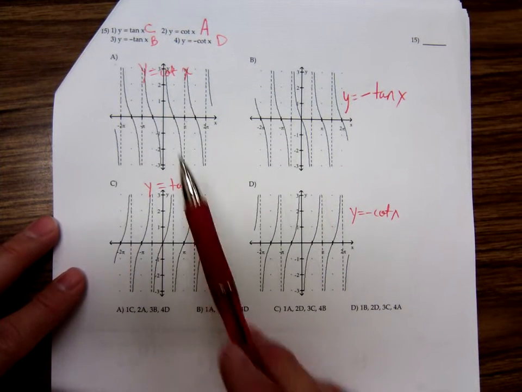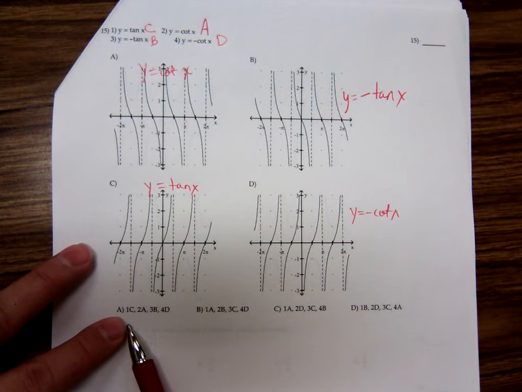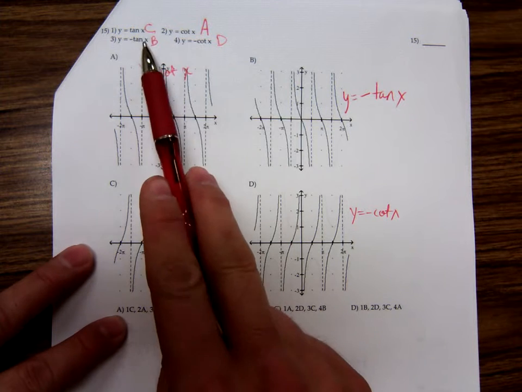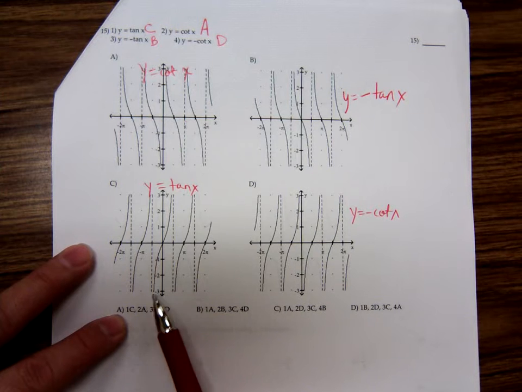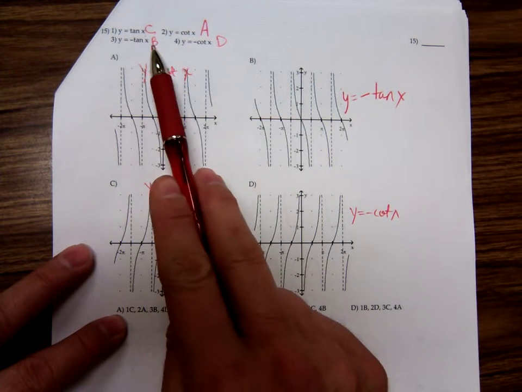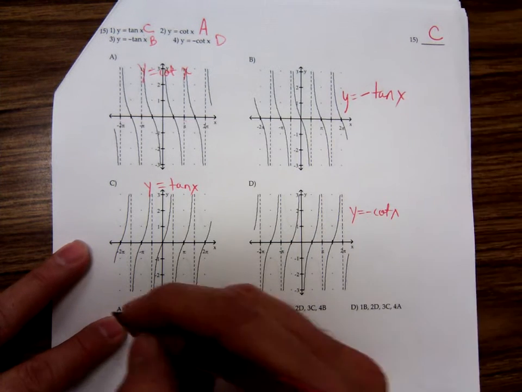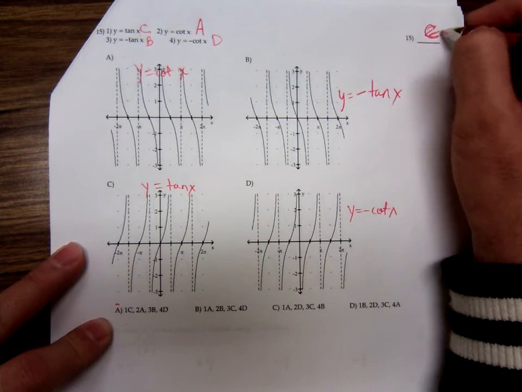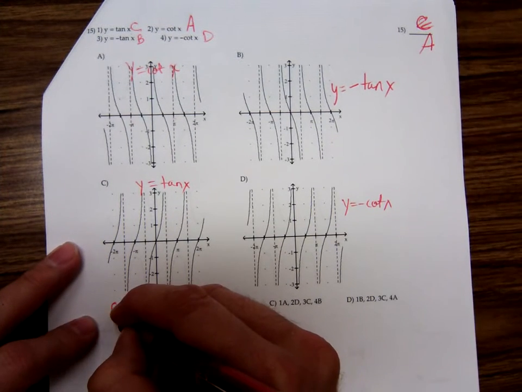Okay, so which one is 1C? This is the only one that says 1C. Tangent x is this one here. So knowing that, you should be able to do it. 2A, 3B, 4D. So the answer here is, oops, I wrote a C. Excuse me, it's supposed to be A. This one right there.